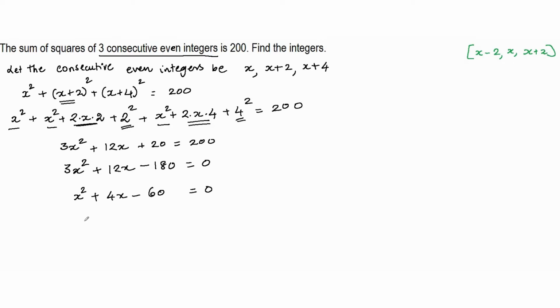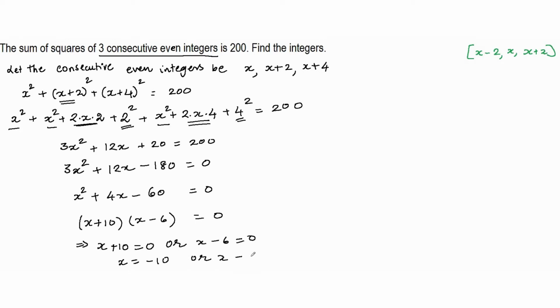And now I can go for factorization. I believe if I factorize, I will get x plus 10 into x minus 6 is equal to 0, which implies x plus 10 is 0 or x minus 6 is 0, and therefore x is either negative 10 or x is positive 6.